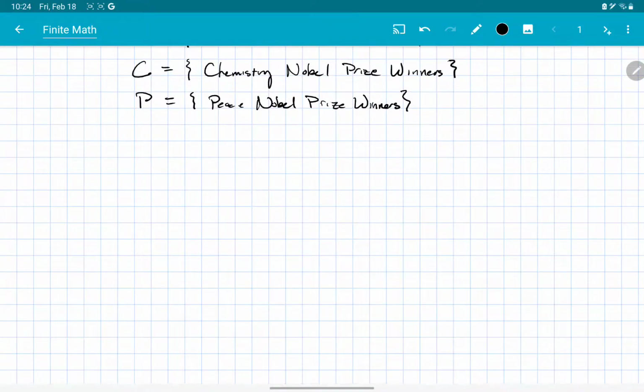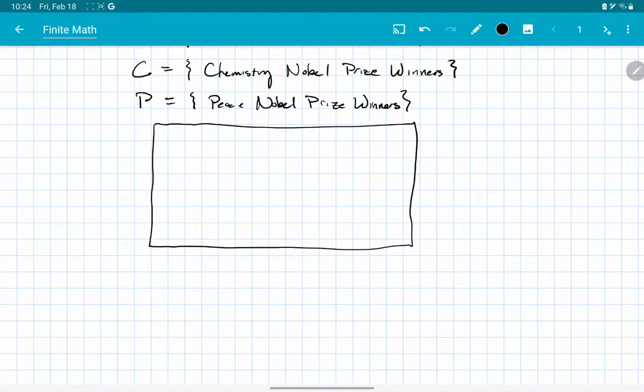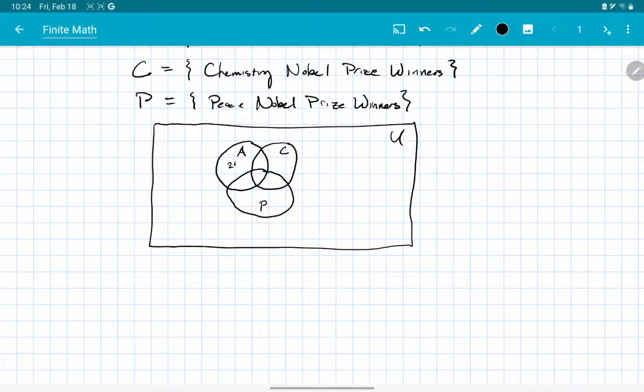Let's draw a Venn diagram now. And what I'm going to do is I'm going to give you the numbers of the number of things in each sector. So this is the universe. This will be set A, this will be set C, and this will be set P. This sector has 249.